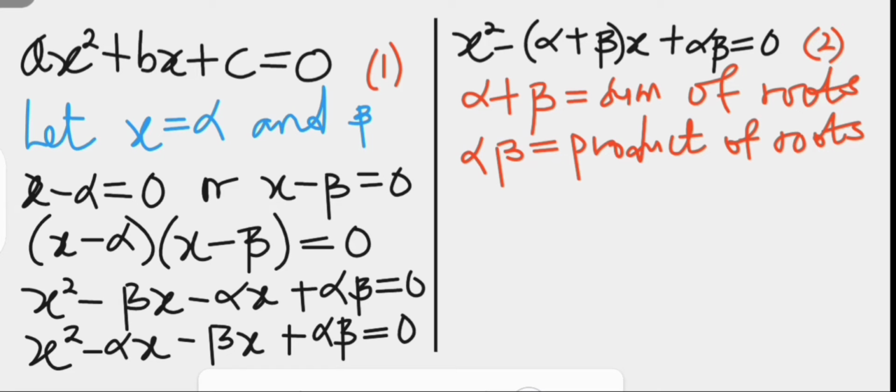What we want to do next is to derive Vieta's formula. However, when we look at equation 2, the leading coefficient is 1. So we are going to need to write equation 1 so as to have a leading coefficient of 1. And that means we divide through by a.